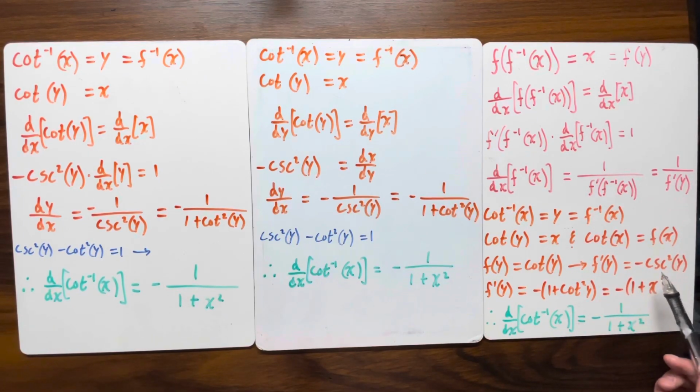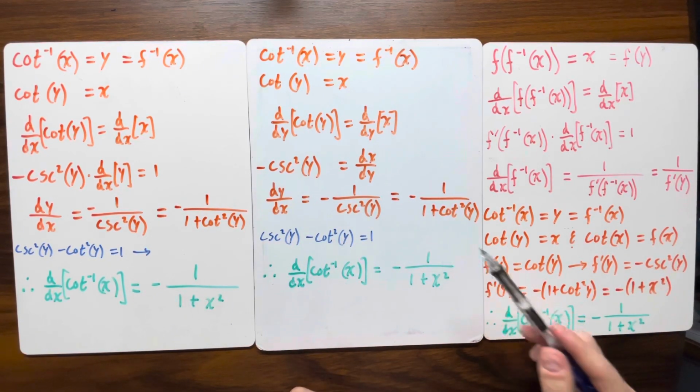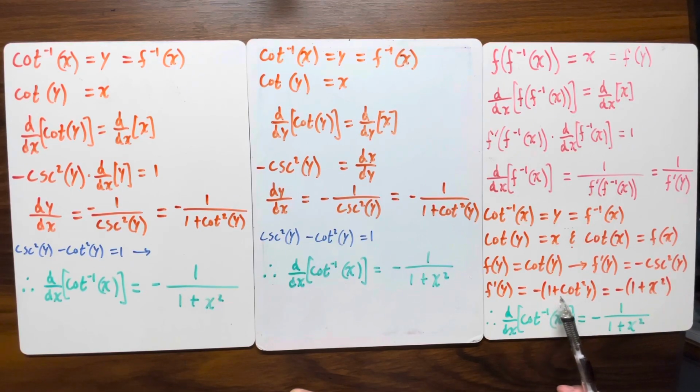So 1 divided by negative cosecant squared, just how we got over here. But what is cosecant squared? Well, it's 1 plus cotangent squared. And of course, cotangent of y is just x, so that's x squared. So again, we get the derivative of cotangent inverse of x is equal to negative 1 divided by 1 plus x squared.